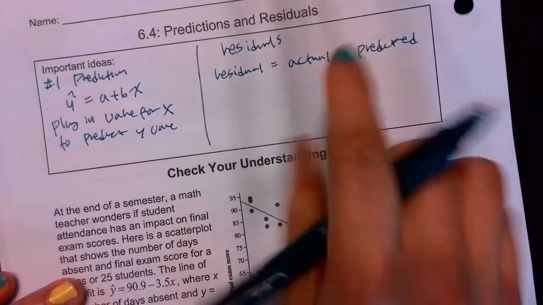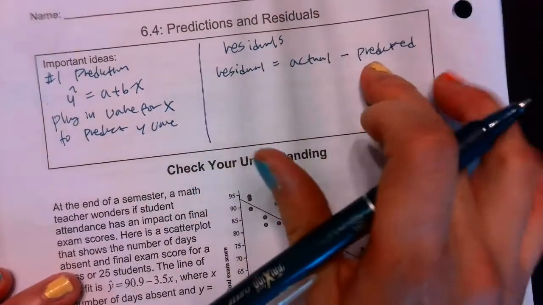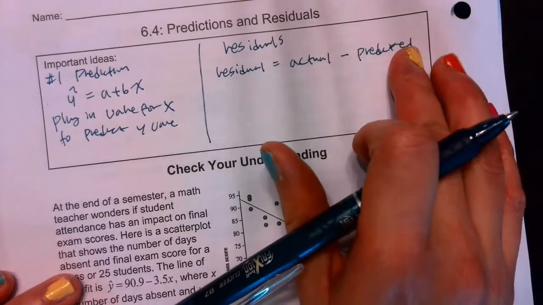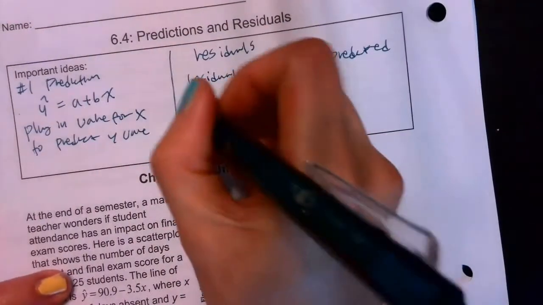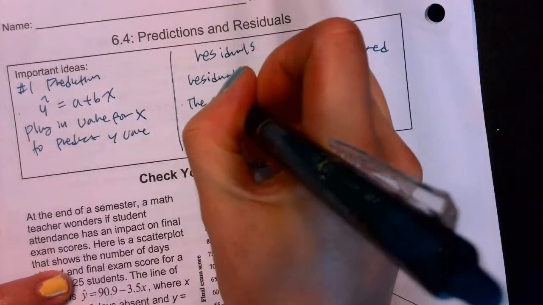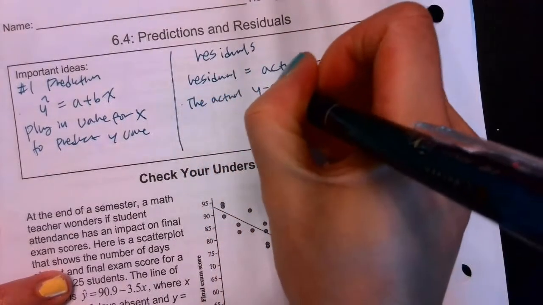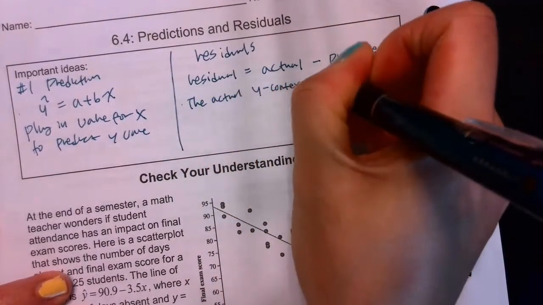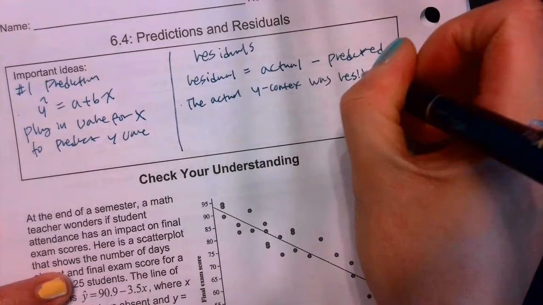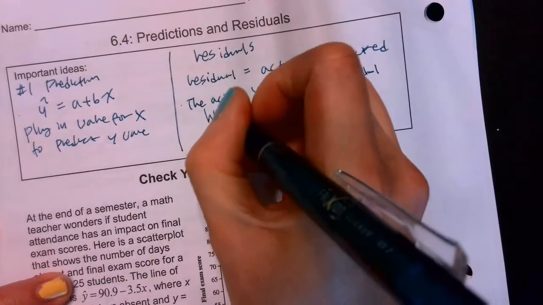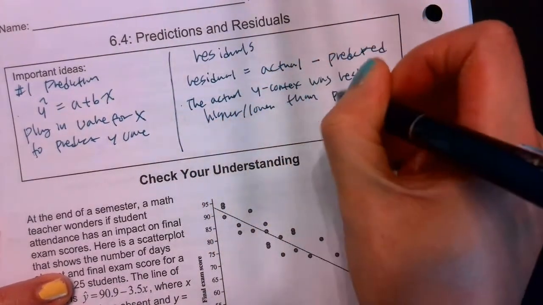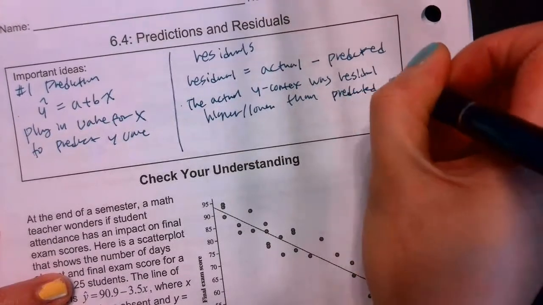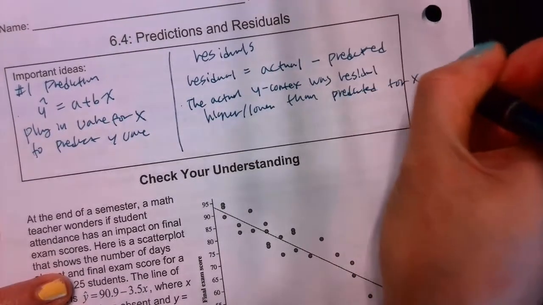So actual measure is how many candies I actually grabbed. Predicted was from the equation how much I was supposed to grab, right? So the actual y in context, was the residual higher or lower than predicted for x equal to a number.